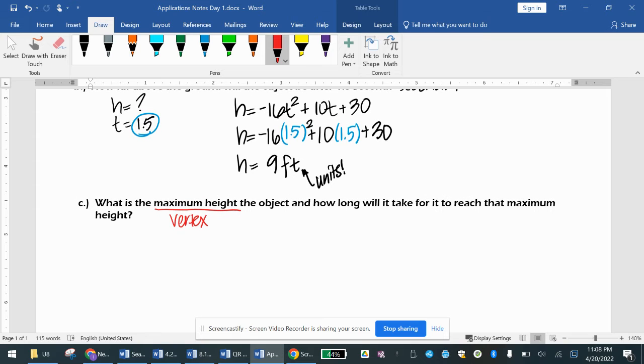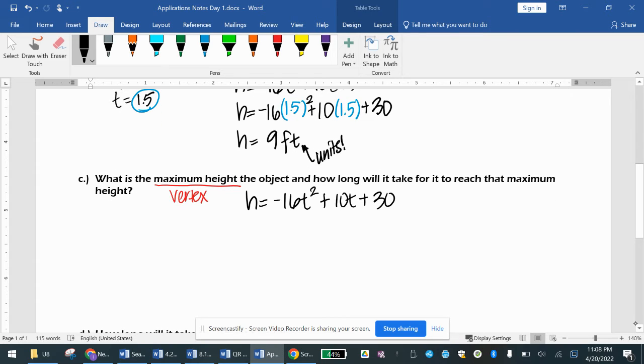So how do you find the vertex for standard form? It's been a while, right? But hopefully you didn't forget. ¿Cómo se encuentra el punto más alto, que es el vertex, de una ecuación en standard form? Well, it's a two-step process, in case you forgot. For the x value, which is time, you're going to take the opposite of b and divide it by 2 times a.